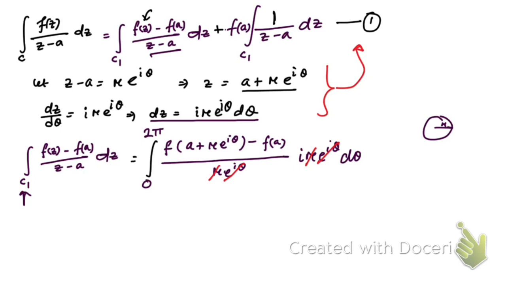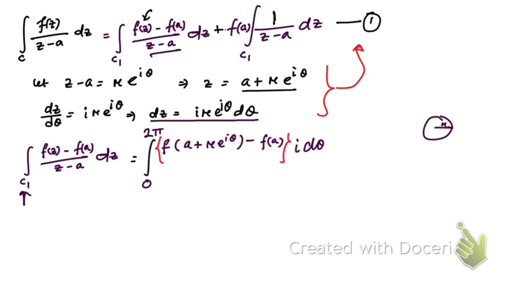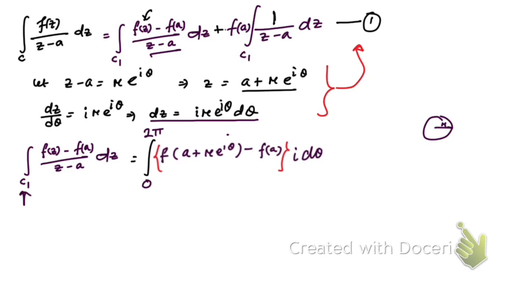Then we get this term only, this into i d theta. That's what we're going to have, right? Hope you have understood this. So what are the things that I have cancelled? Hope you have watched carefully, right? So here is the result that we have got after simplification.